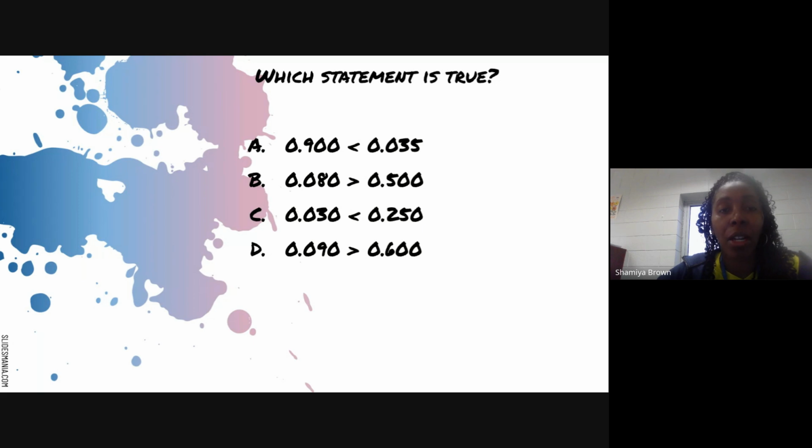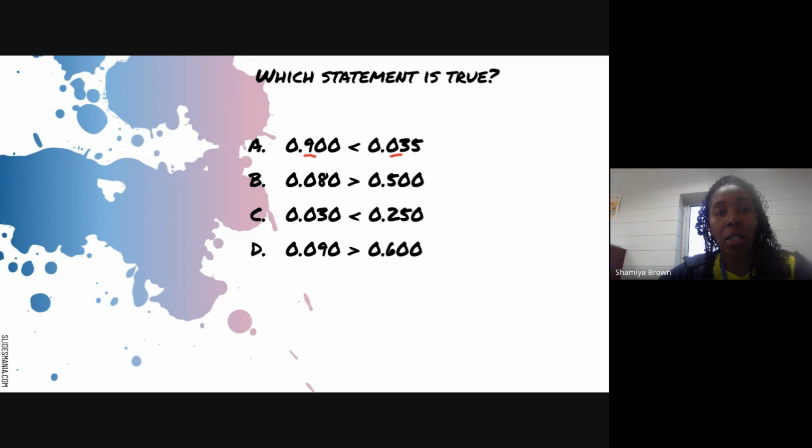So I have a tenths place as a 9 here and a 0 here. So I know that this number is bigger than this number because I have a 9 here and a 0 here. So based on the tenths places, this number is going to be the bigger number.